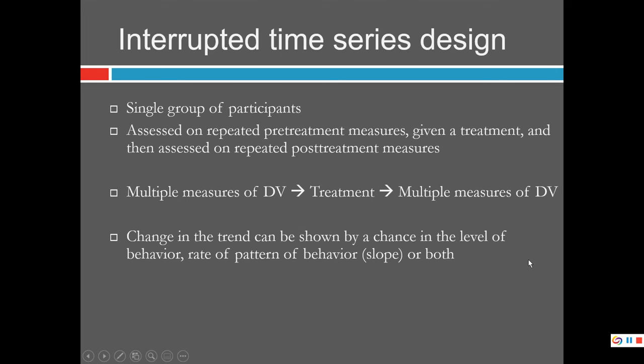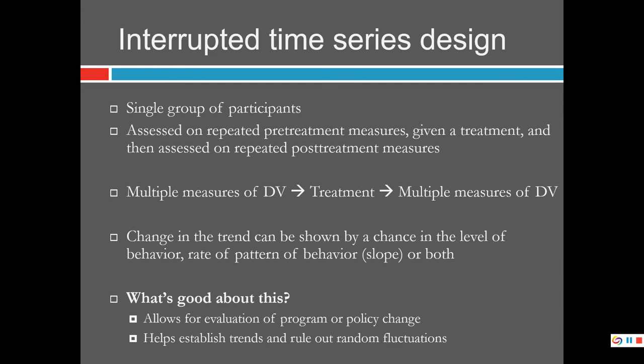So what this does for you is that rather than just looking at one measurement before and after that might be unduly affected by things like regression to the mean or high differences because of history or maturation or something, you can actually look at how things are changing a little more carefully.